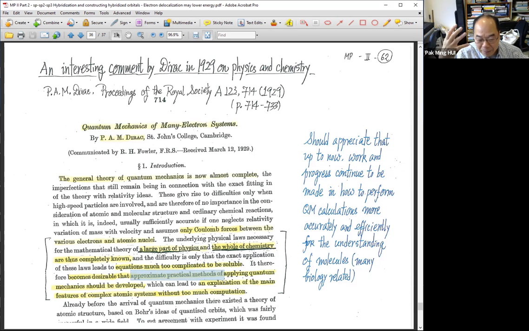We are doing that, okay, appreciate that. "Which can lead to an explanation of the main features of complex atomic systems without too much computation." I encourage you to reread this whole paragraph again after class. You have to appreciate Dirac's insight, even up to now.